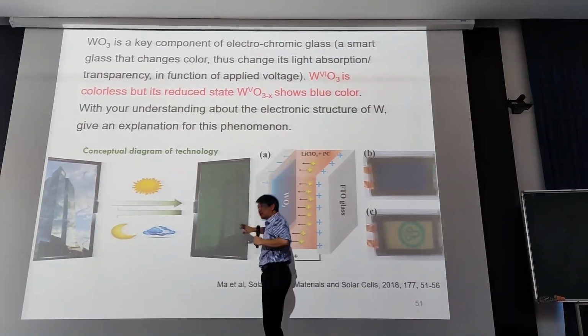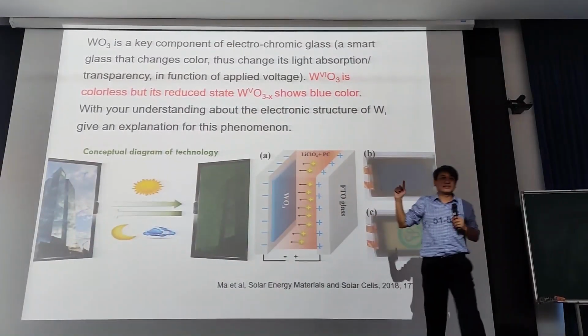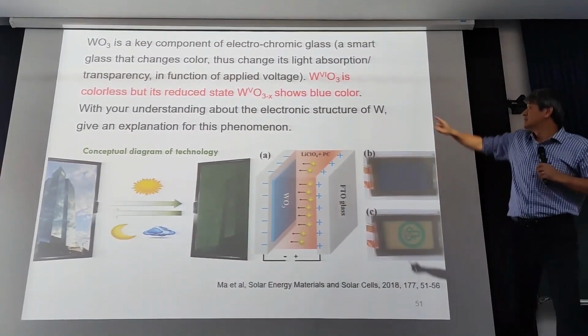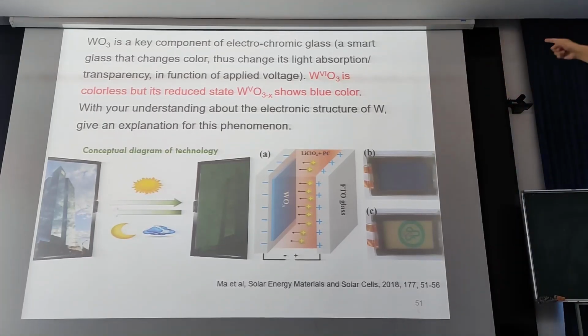And to make this smart window, they use what we call an electrochromic material, which is tungsten oxide, WO3. Right? Tungsten, we have a lot in Vietnam. If someone comes from Thailand, we have a mineral which is a good source of tungsten. Okay.